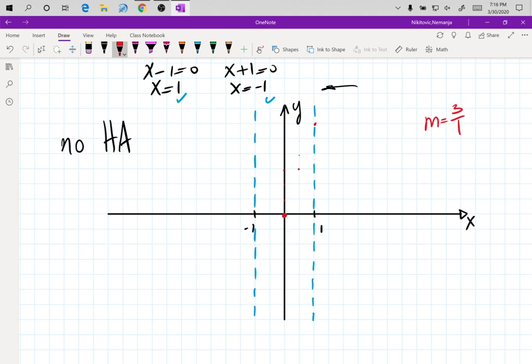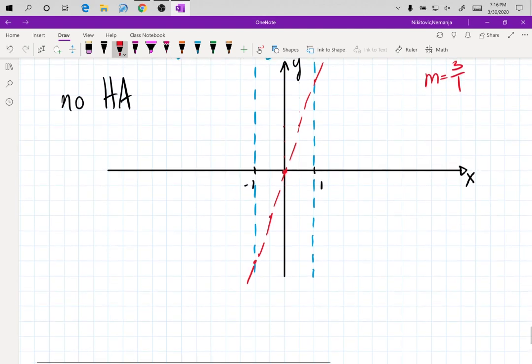There we go. 1, 2, 3, negative, right? 1, 2, 3, negative. There we go. So now we draw our slant asymptote through these points. This is gonna be terrible to draw, but let's hope it works out.